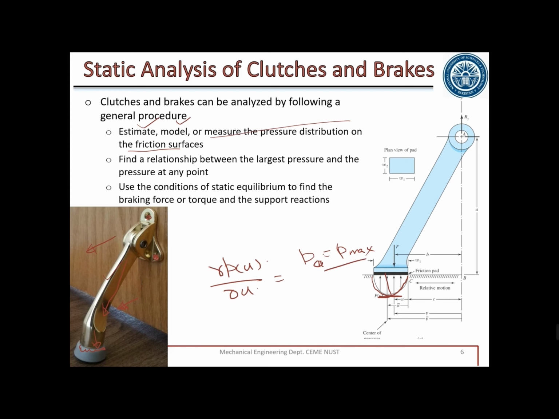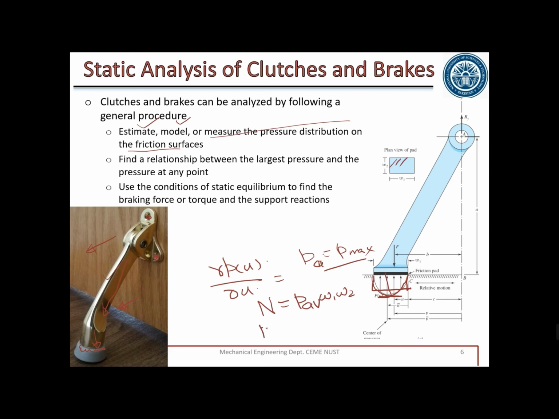But another method is to use the pressure distribution as constant, or simply if you know the P, so P is equal to P average multiplied by area, which is equal to W1 W2. So P average W1 W2. This P average is the uniform pressure distribution throughout the area.